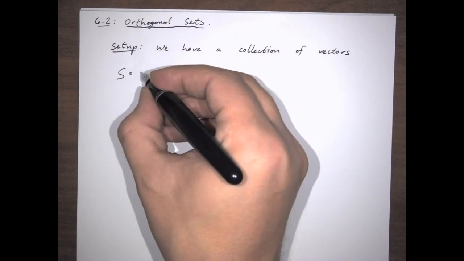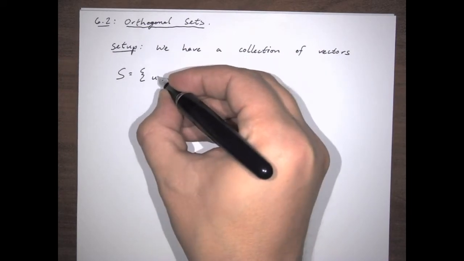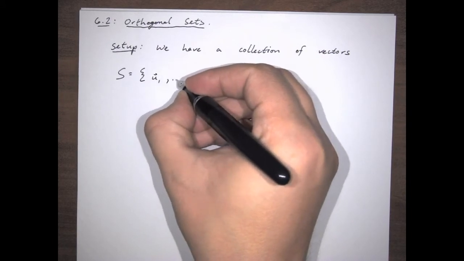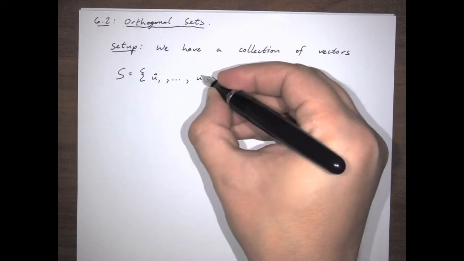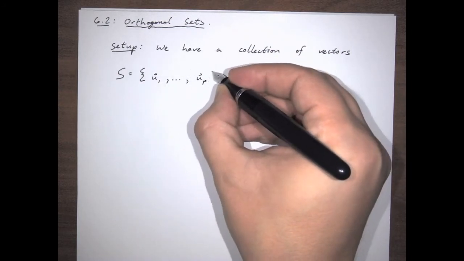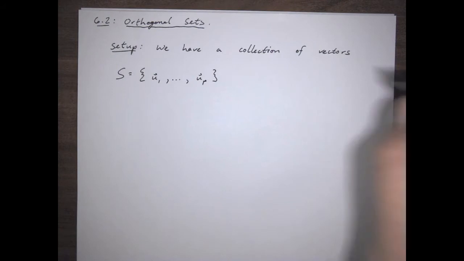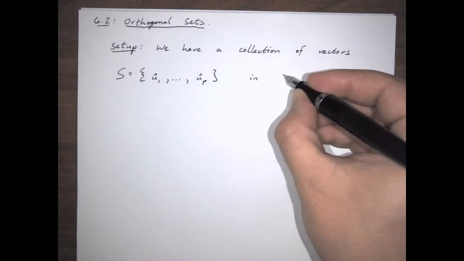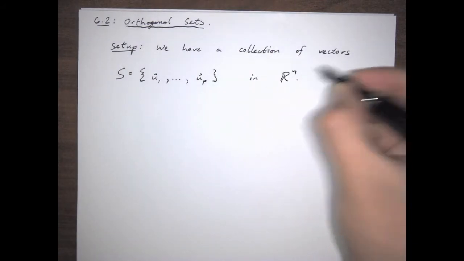We're going to call them u, there's going to be a few of them, let's say up to up. We're going to call the set S, S for set, in Rn.